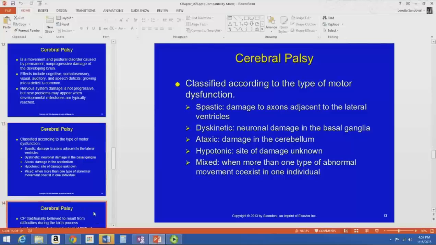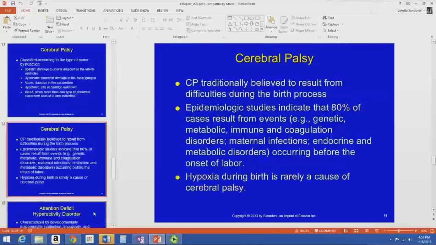So CP was traditionally believed to result from difficulties during the birth process, but there have been a lot of studies that indicate that about 80% of cases result from events occurring before labor. A good example of a birth difficulty is the umbilical cord wrapped around the baby's neck and the brain being deprived of oxygen for a certain amount of time during birth.